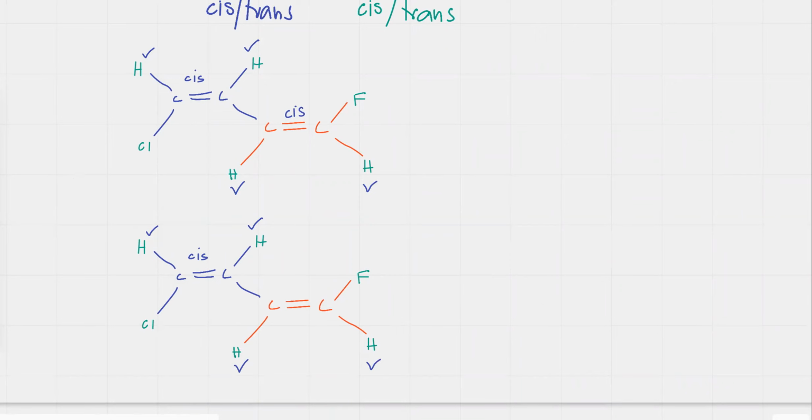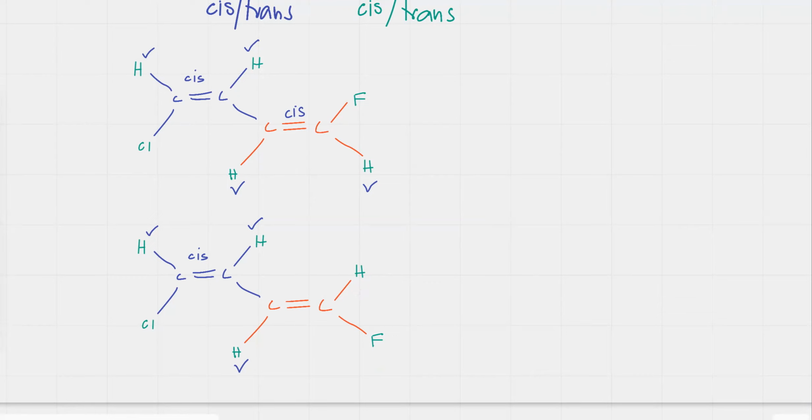So what I can do is, instead of this H atom connected below, the direction of the F is going to be downwards. And the H, remember, it's still connected to the same carbon atom. So structurally, it is the same molecule, except that the orientation of the bonds is now different.